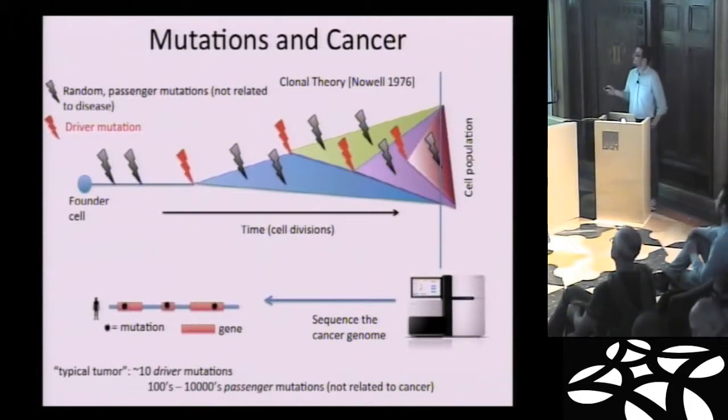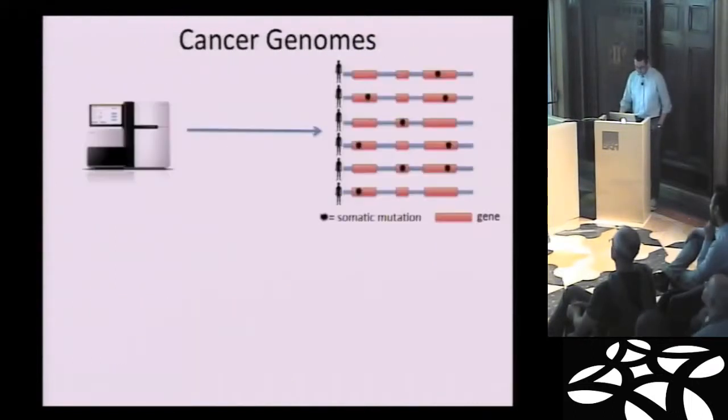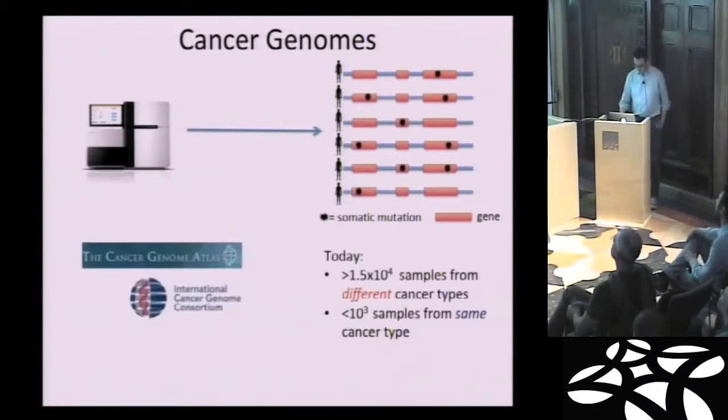Since the cost of sequencing is going down exponentially, as Dev Data showed yesterday in the plot that I'm not showing today, we can now sequence a number of cancer patients for different cancer types and obtain the mutations in all these patients. This is the approach that has been taken by some large projects on cancer, for example, the Cancer Genome Atlas project in the US or the International Cancer Genome Consortium.